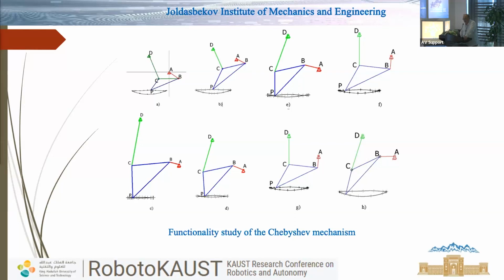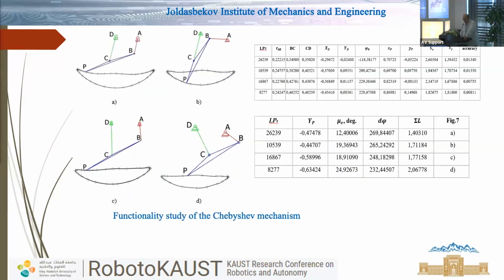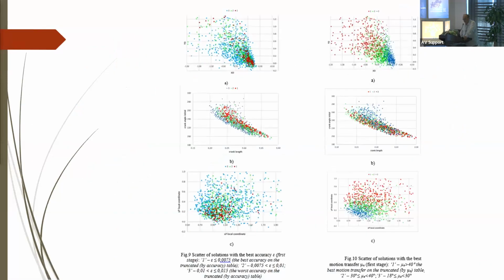And a functional study of the mechanism was provided, and here we can see the scatter of parameters. On the left side we have in red the spread of parameters, the best parameter values with best accuracy.